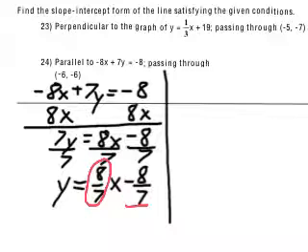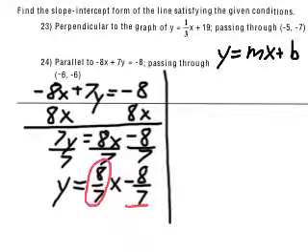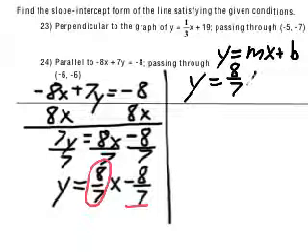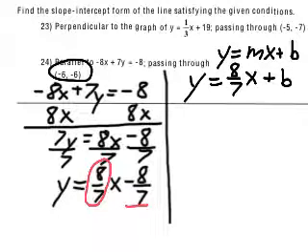Okay, so we'll use our y equals mx plus b as a guide, right? And so we'll put y. Parallel lines have the same slope, so it's going to be 8/7 x plus b. And we're going to use our point here. That point's got to be on the new line, so we'll use that.